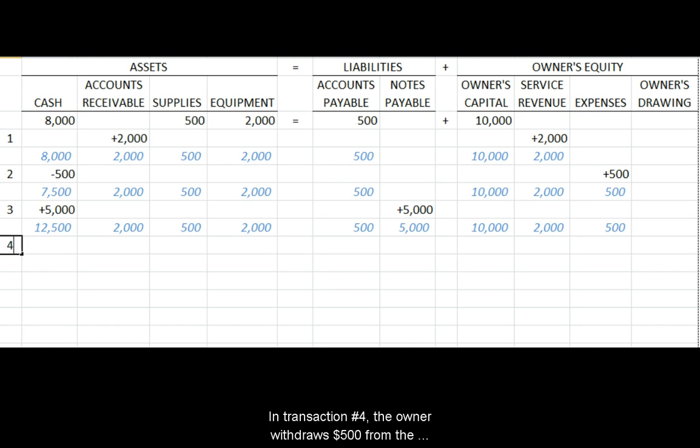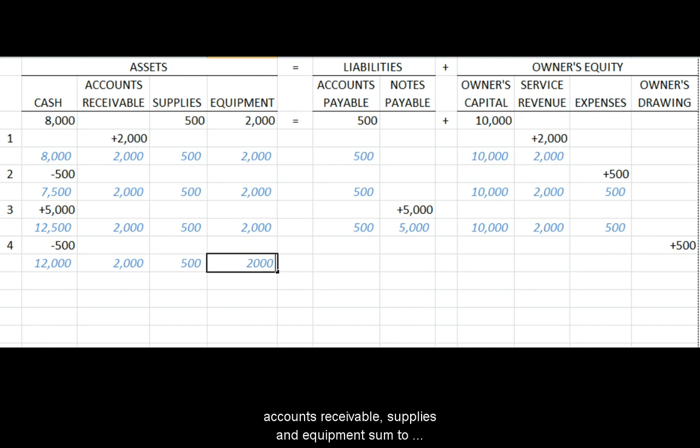In transaction number 4, the owner withdraws $500 from the business for personal use. This transaction is recorded as a decrease of $500 in cash and an increase of $500 in the owner's drawing account. Ending balances of cash, accounts receivable, supplies, and equipment sum to $16,500.